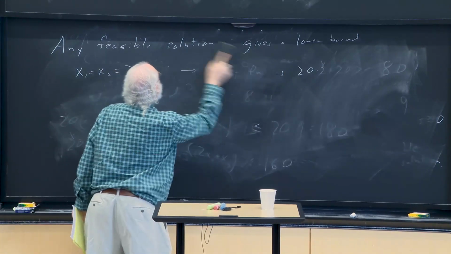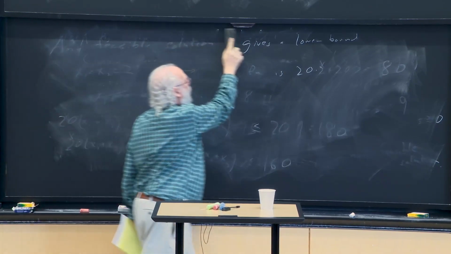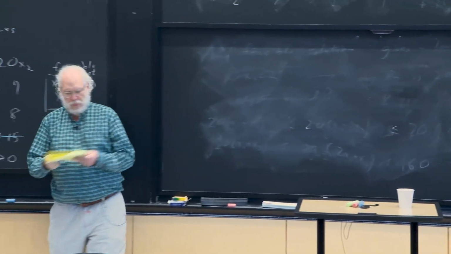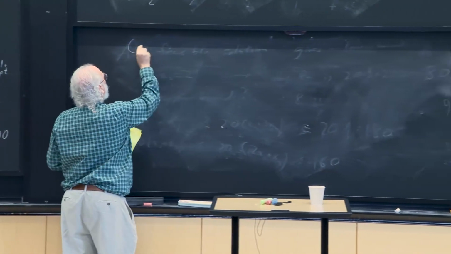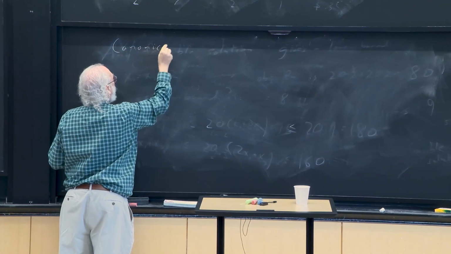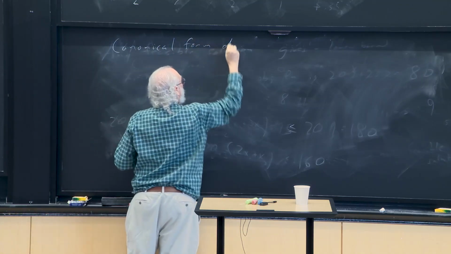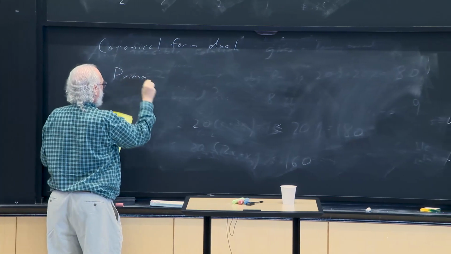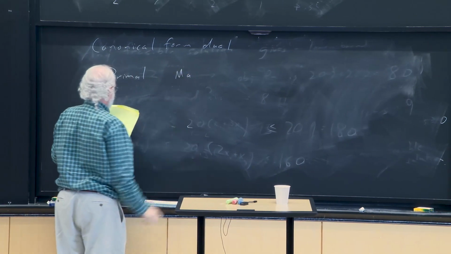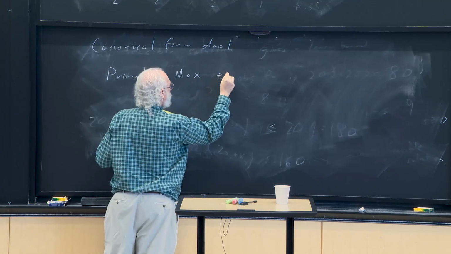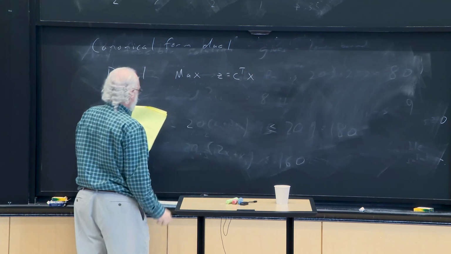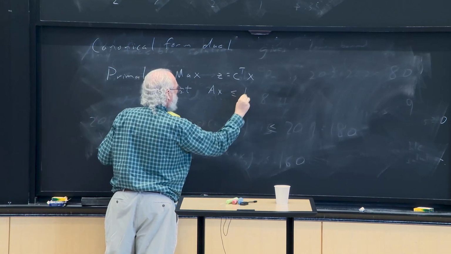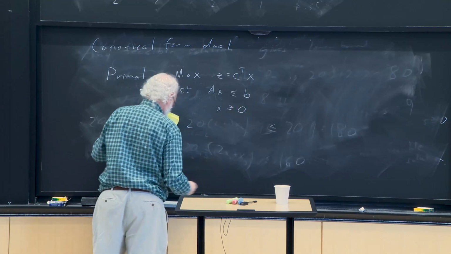Okay, so canonical form dual. Well, the primal was maximize Z equals C transpose X, subject to AX less than or equal to B and X greater than or equal to 0.